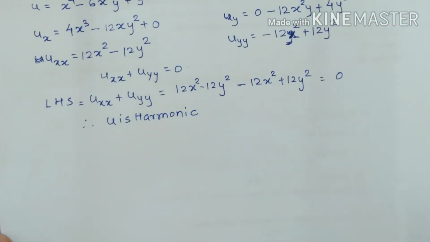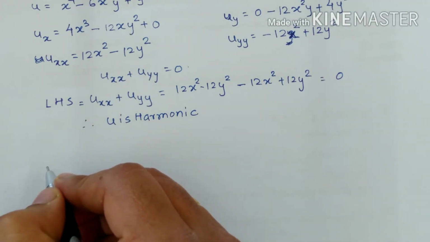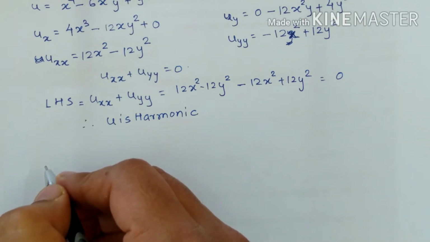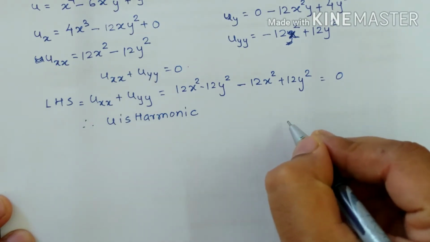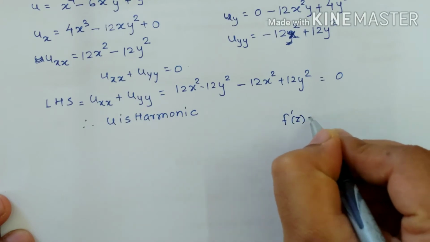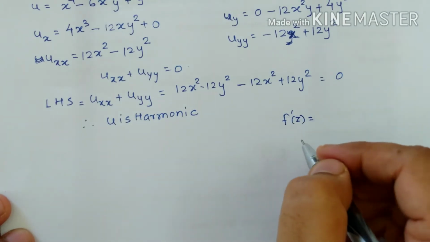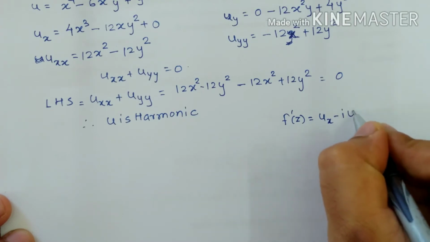Now we have to calculate an analytic function. So to find the analytic function f of z, what is required? See, here the u is given. u is treated as the real part of f of z. Whenever the function is analytic, it is differentiable, and we can calculate its derivative in the way of ux minus i uy.